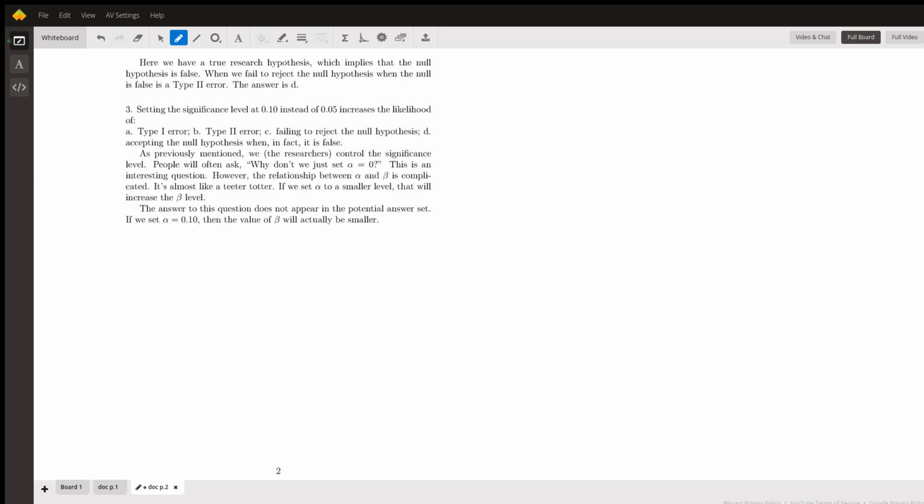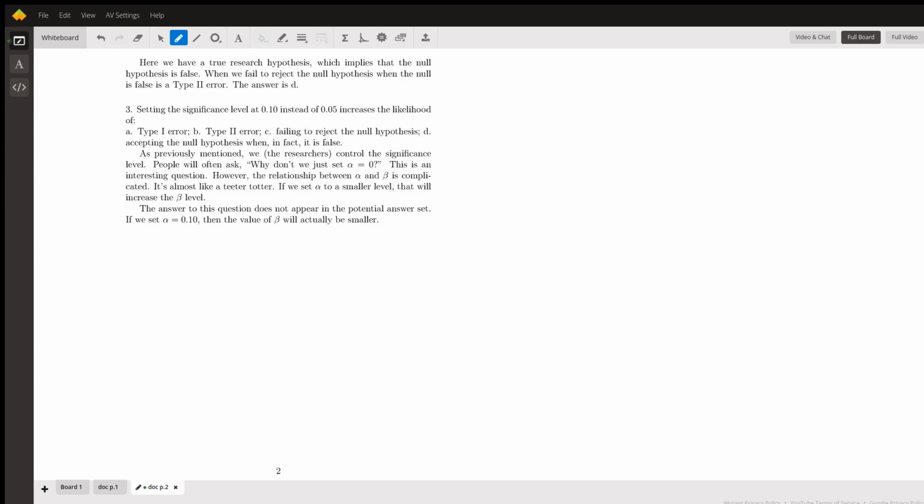Okay, so as we have mentioned, we, the researchers, control the significance level. People will ask, why don't we just set alpha equal to 0? But that's an interesting question. So the relationship between alpha and beta is complicated, almost like a teeter-totter, if you want to think of it like that. So if I push alpha down to the bottom, that's going to push beta very high.